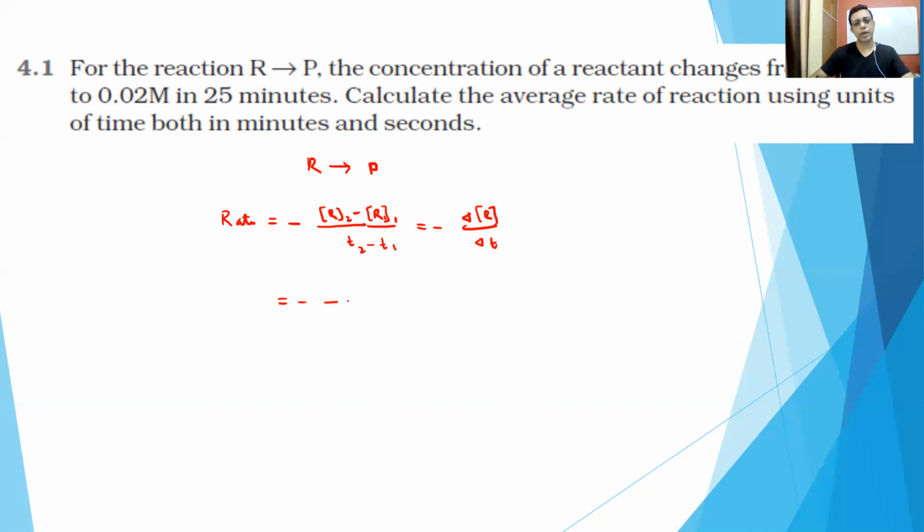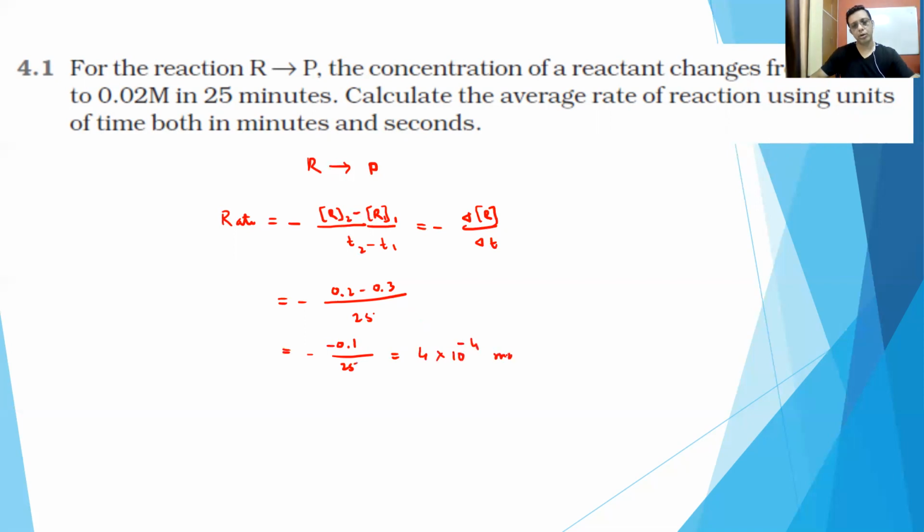So minus, what is delta R here? Initially it was 0.3 molar and finally it became 0.2. So it is 0.2 minus 0.3 by the time, 25 minutes, which is minus 0.1 by 25, which is equal to 4 into 10 to the minus 3.